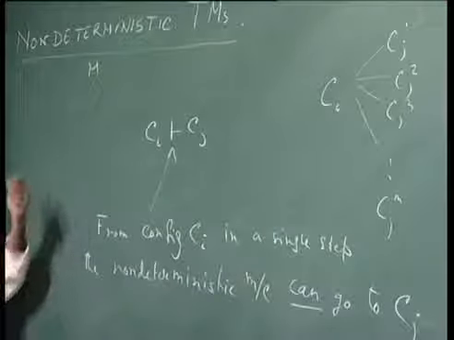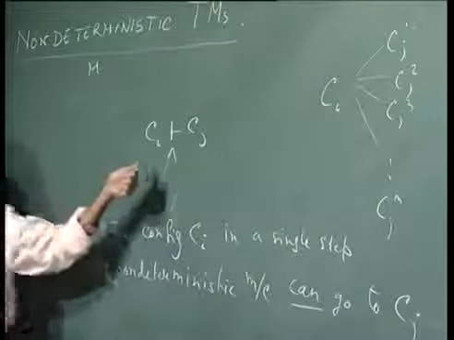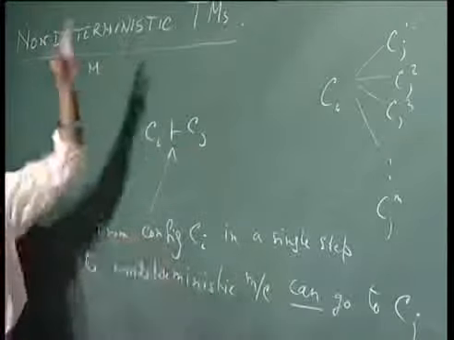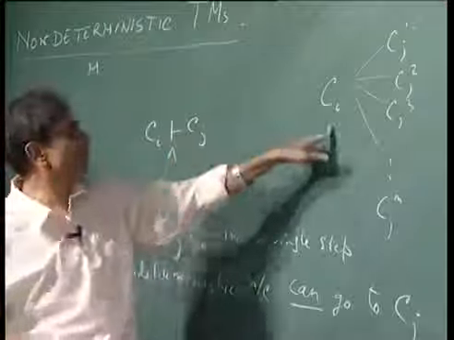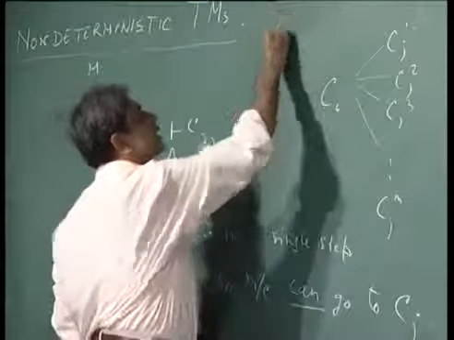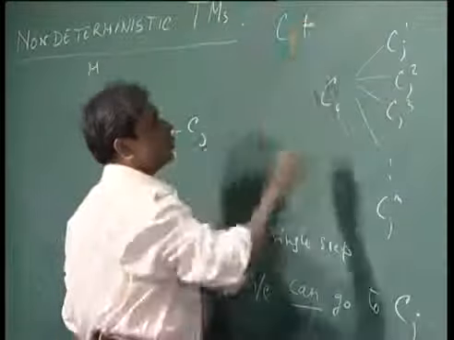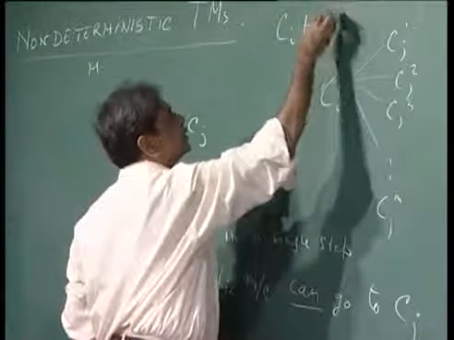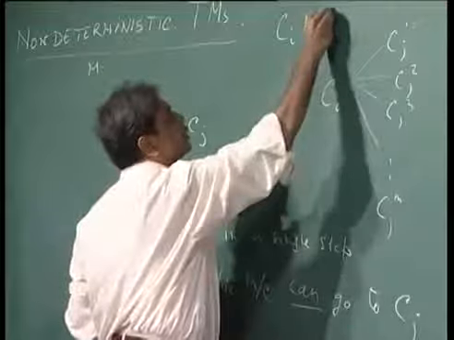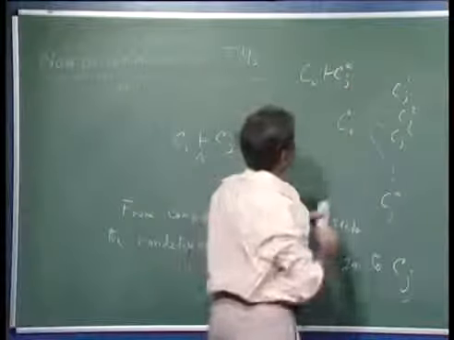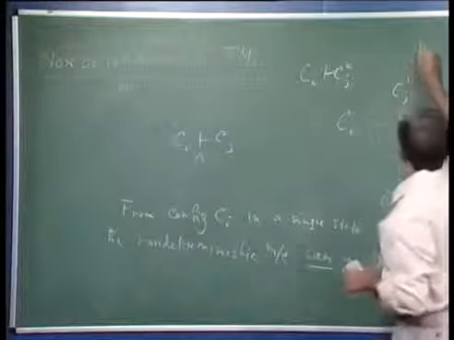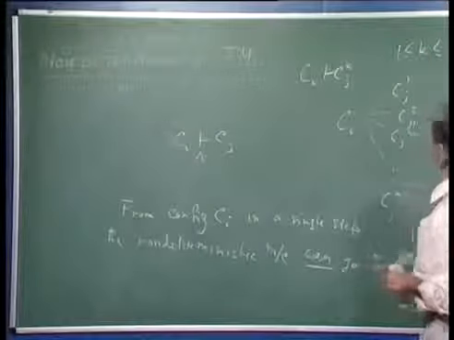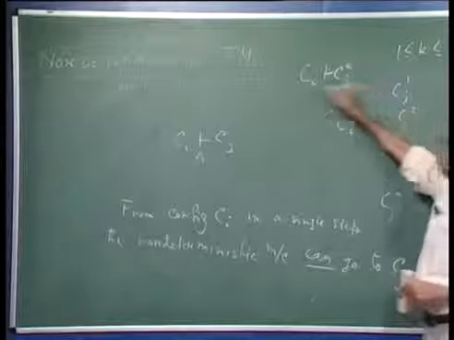So, there is no determinism. We can't say from Ci the machine will go to Cj, but if there are several possibilities, essentially in this situation we would say that Ci can go to any of these Cj. So, let us write Cjk here, where k can be anything from 1 to m. So, let us repeat once more.